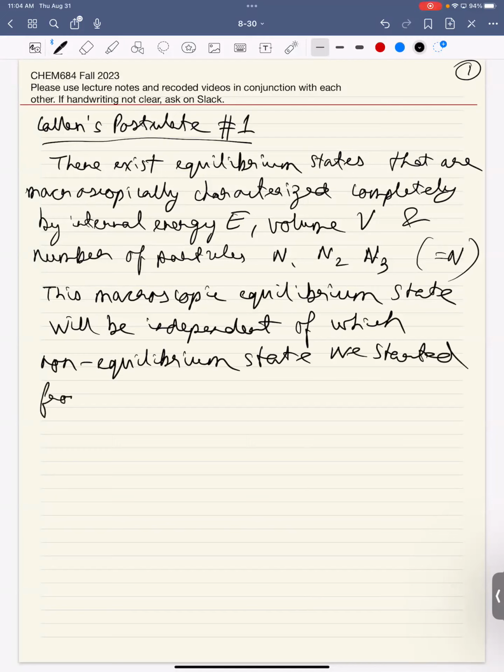In other words, it will be what is known as path independent. So this is Callan's postulate number 1. Let's try to understand it.